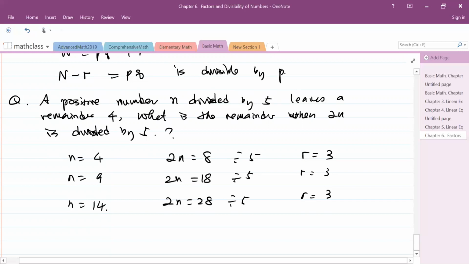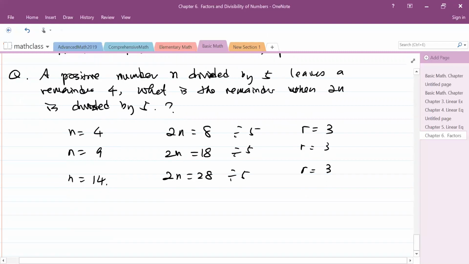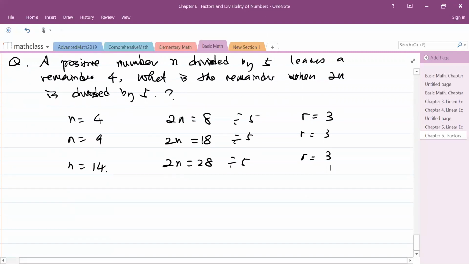For this particular problem, you can say the answer is 3, and the answer maybe is right, but we just looked at 3 examples. So how do you solve this problem and give a definite answer?